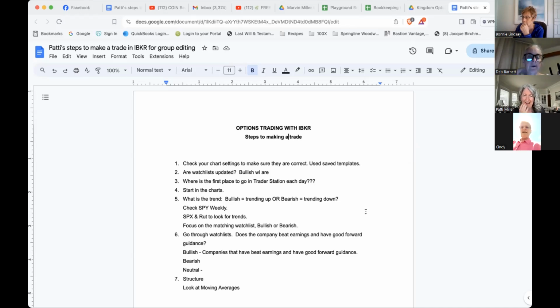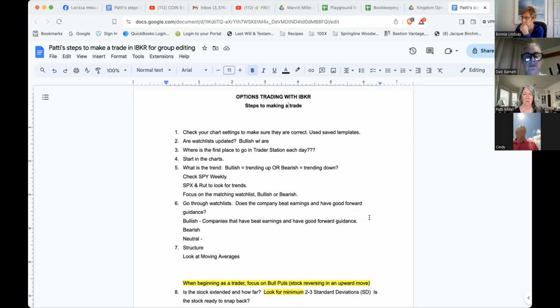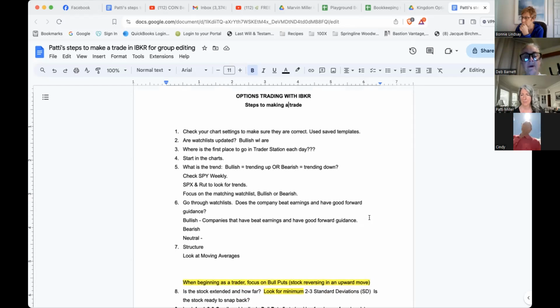So that could be referred to as appendix A, B, C, D. That would have the chart indicators on them, because those are things we've been dealing with for months. Is it Hull moving average, exponential, or simple, or smooth?